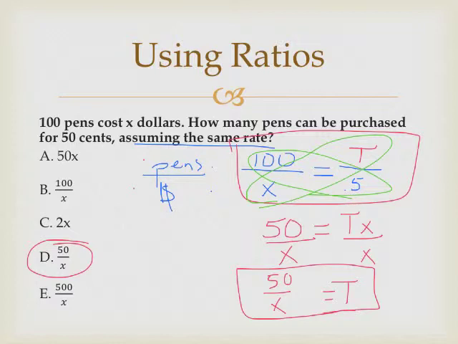So again, it's a very abstract kind of question, but if you set up ratios when things are the same, so things always have the same price per pen, you can still get to the right answer without really fully understanding what 50 over x really means in this problem.